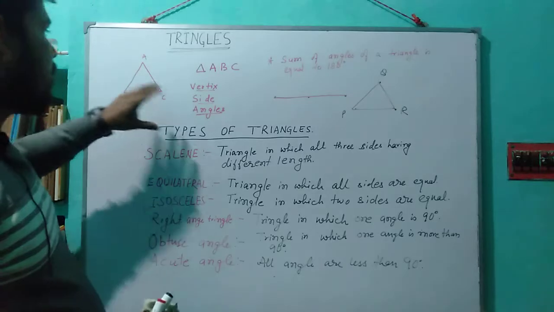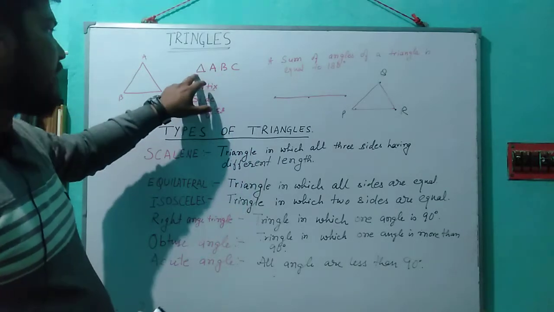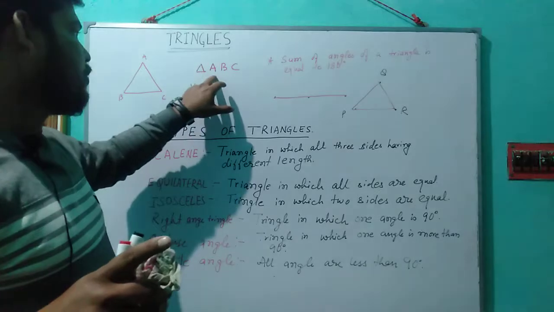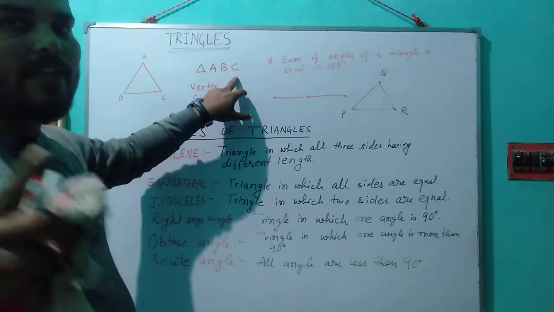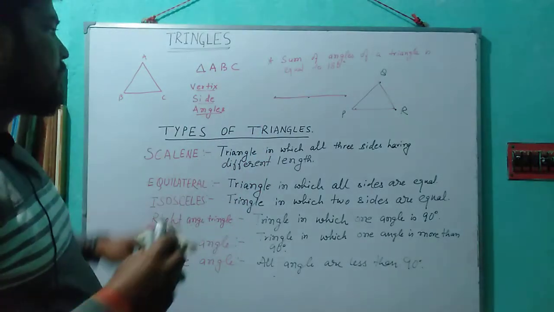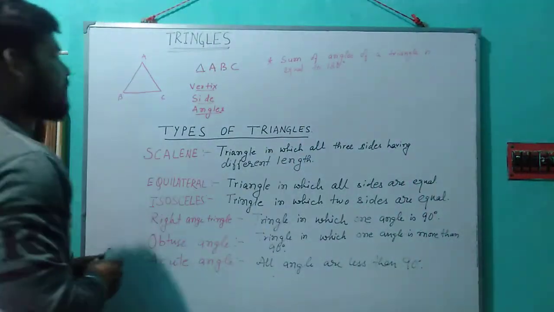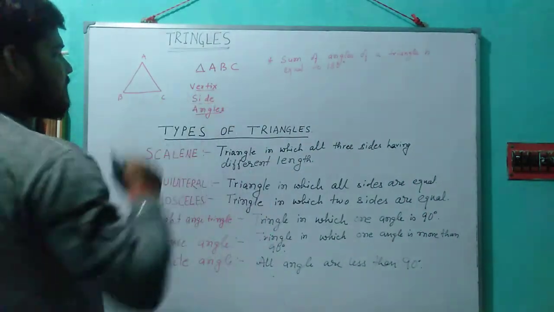Alright? So, we write it like this, triangle ABC. Remember, always use capital letters to write the name of a triangle. Triangle ABC. Alright? Now, gradually I will tell you how to write the angles and all. Now, this is vertex.